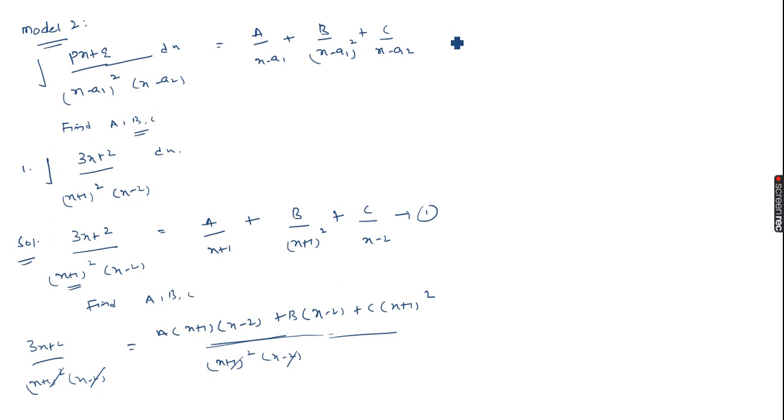And we get that 3x plus 2 is equal to a into x plus 1 into x minus 2 plus b into x minus 2 plus c into x plus 1 whole square, taken as equation number 2.